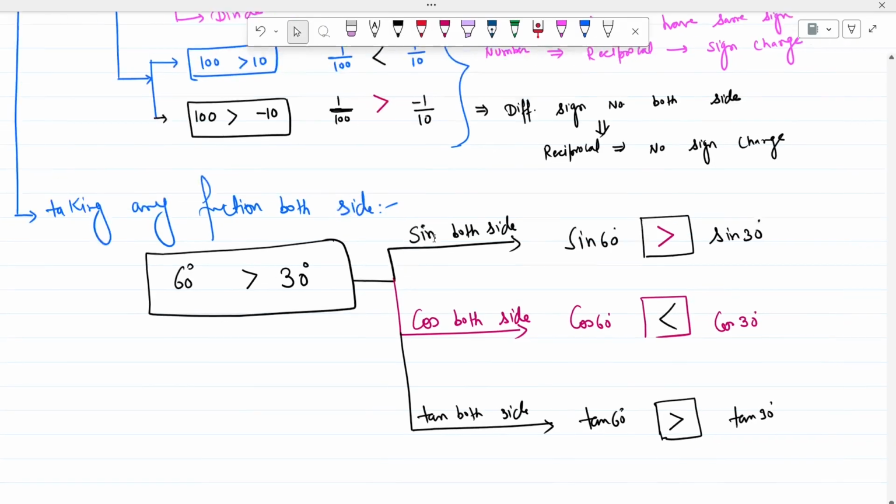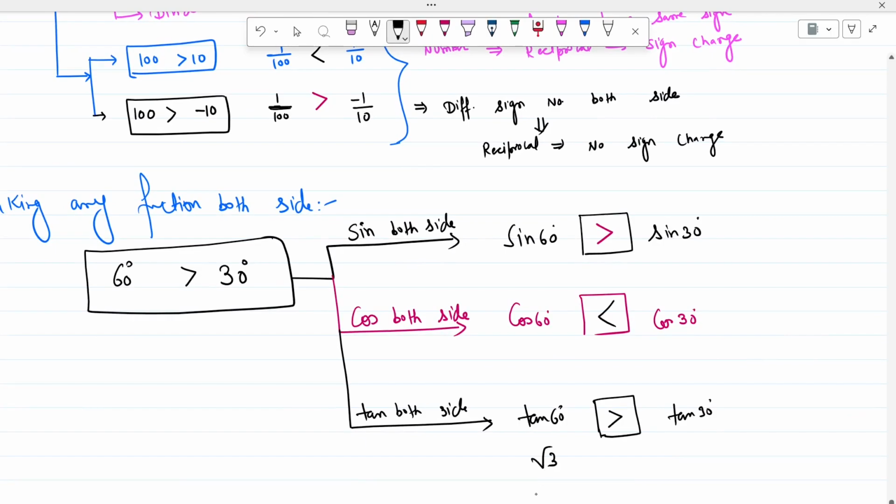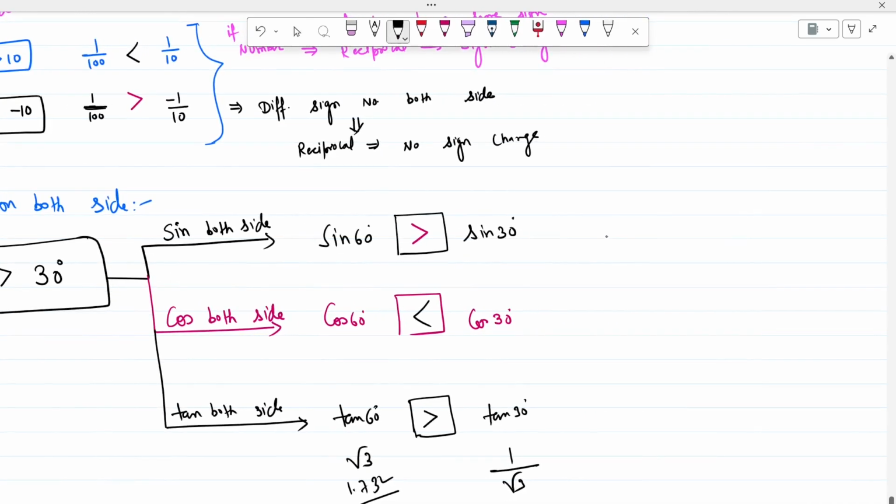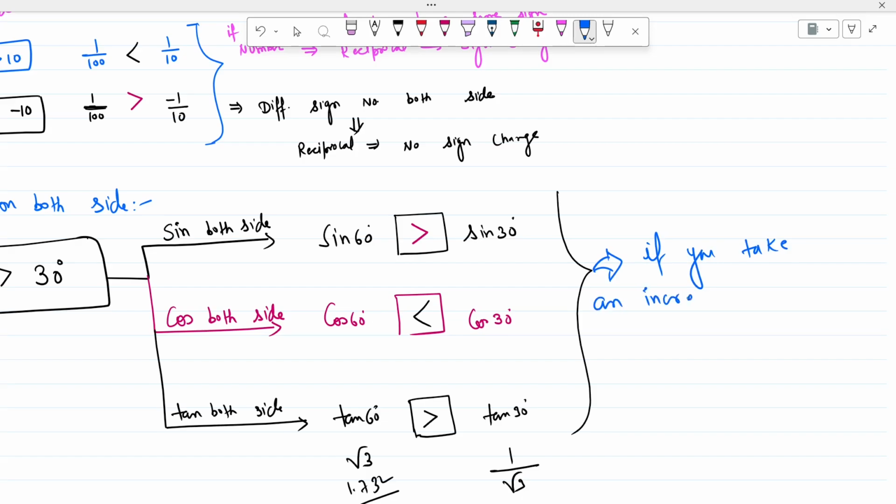So see, what's the concept? You can verify tan 60 is root 3, which is 1.732. I just swapped it, and this was 1 over root 3, which is less than 1 basically. So this was your observation. The conclusion is, if you take an increasing function on both sides, no sign change.